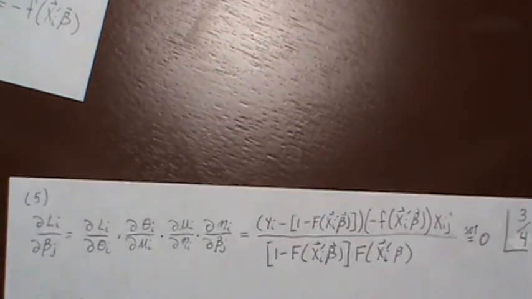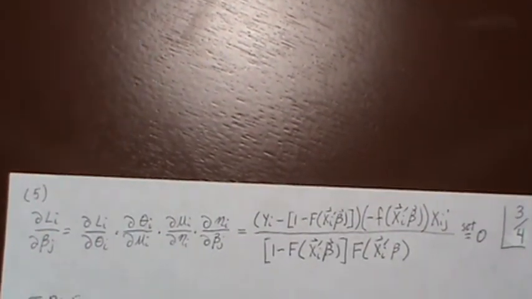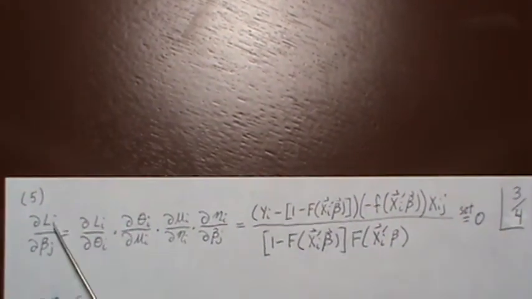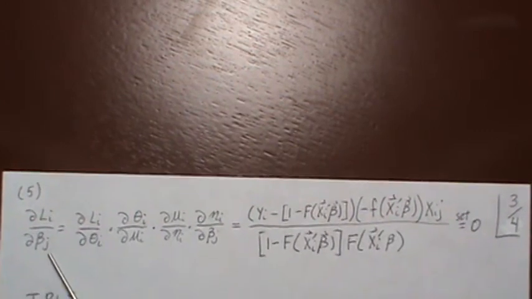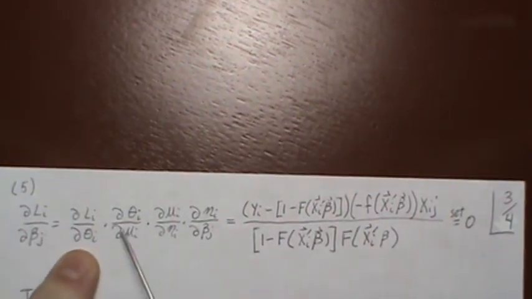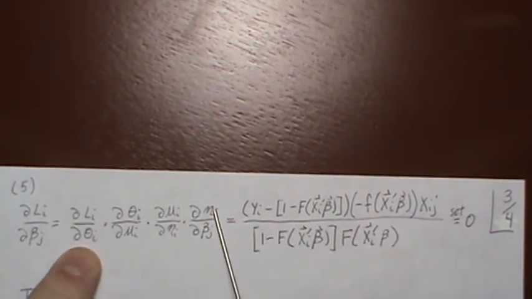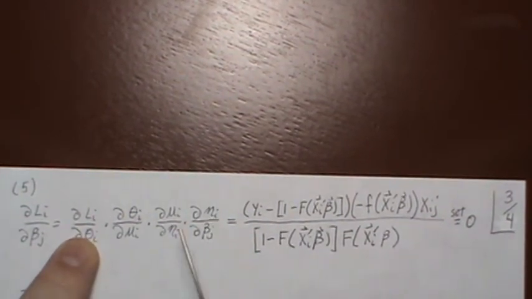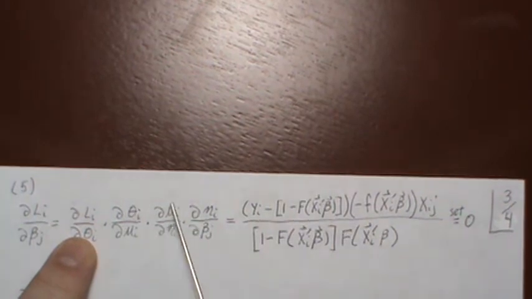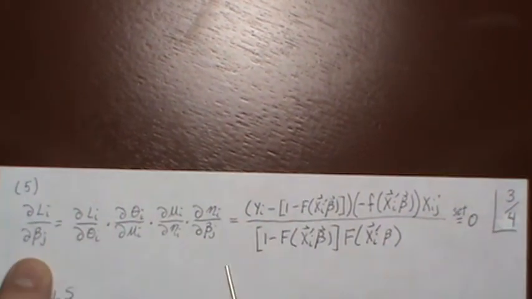Now we take all those pieces and we put them together. Ultimately we want the derivative of our log likelihood with respect to beta j. This is an easy one because our likelihood was in terms of theta. The eta is in terms of beta, so that's an easy one. Then we had to find these, so those cancel, leaving just this.